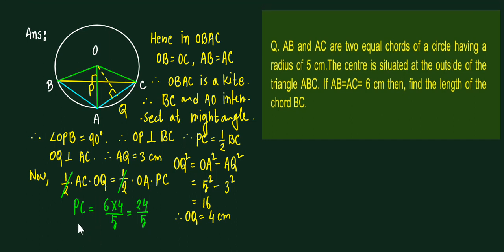Therefore BC, as we have got PC equal to half of BC, means BC equal to 2PC. So we have to write BC equals to 2 into the value 24 by 5. 24 by 5 gives us 4.8. So BC equals 2 into 4.8 equals to 9.6 centimeters. So this is the required length of the chord BC.